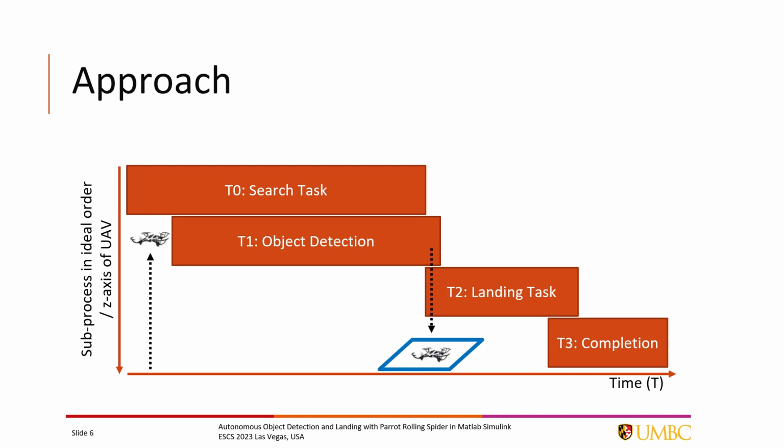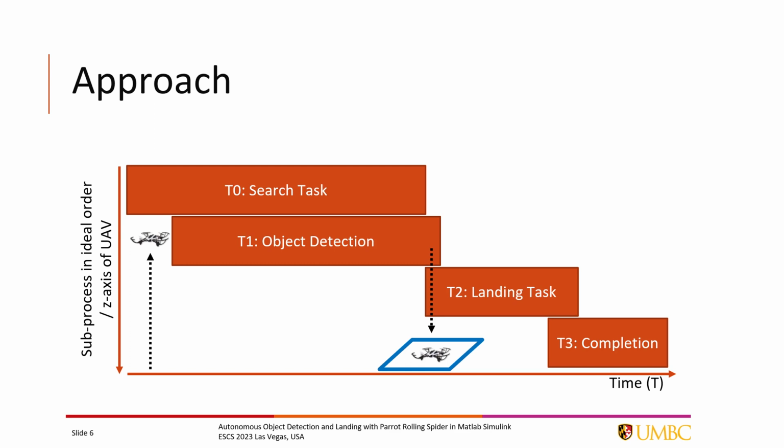Once the drone detects the blue object, the search task is being stopped, to then subsequently T2, land on the object, and finally T3, complete the flight. In the next slide, we will go into detail of the corresponding implemented coding blocks in Matlab Simulink, along with the screenshots of the simulation.